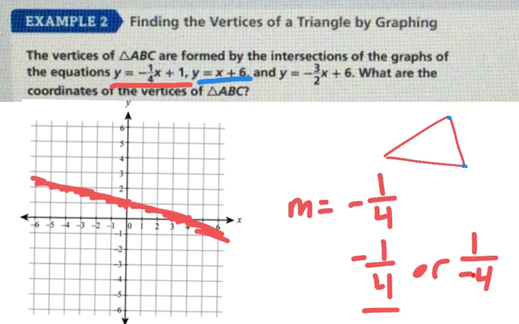The y-intercept is 6, and then my slope is 1. So I would go down 1 and right 1. Oh, no. These are going to meet off the graph.